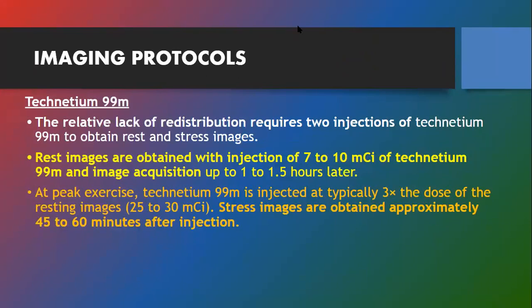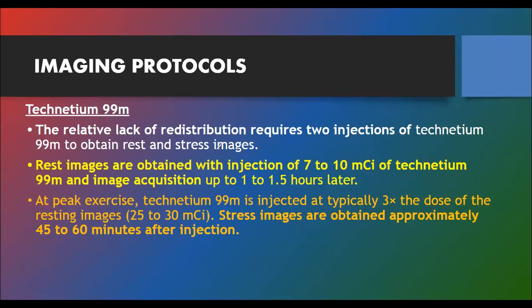Then for the technetium, because of lack of redistribution, we need 2 images, one at rest and the other at exercise. So commonly we have an exercise image first, in which we inject a higher dose of isotope, and in the rest images we use a smaller amount of isotope.